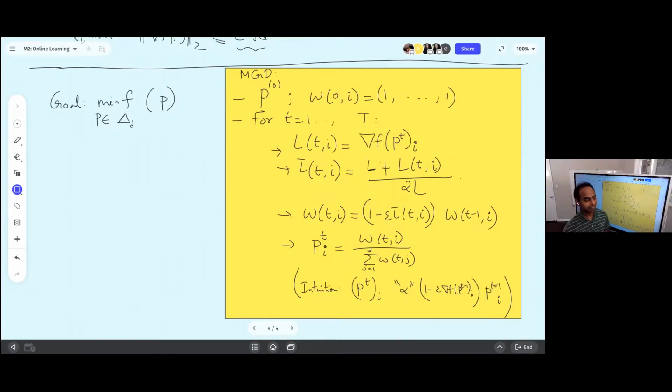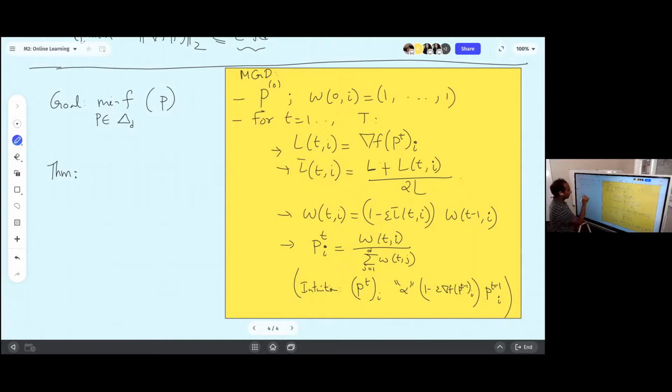You should think of this epsilon as some kind of step size for multiplicative gradient descent. Just as we had a step size in gradient descent, now we have another step size for multiplicative gradient descent. And what we'll show is that this multiplicative gradient descent does very well in the case we are looking at.